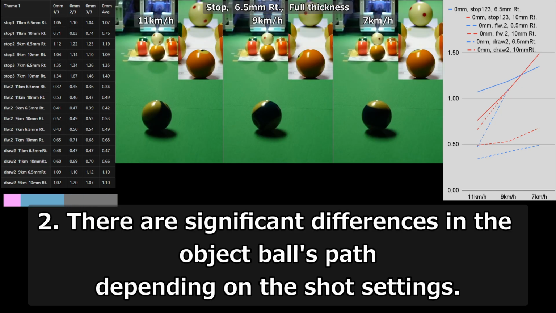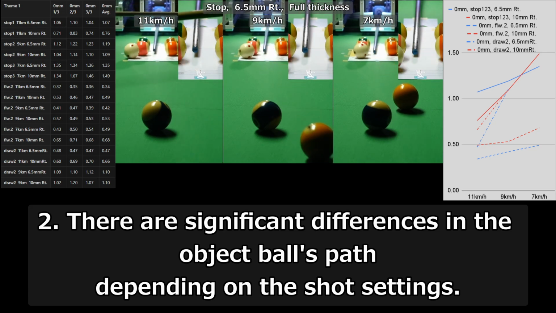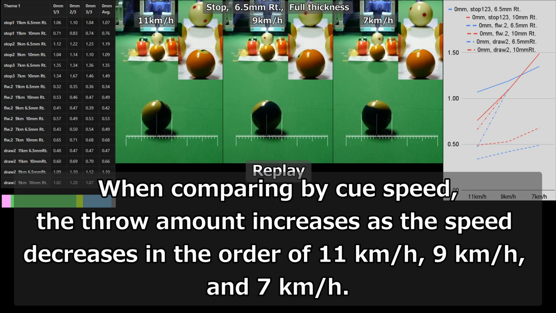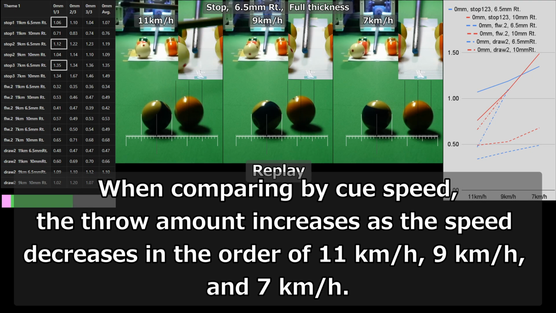2. There are significant differences in the object ball's path depending on the shot settings. When comparing by cue speed, the throw amount increases as the speed decreases in the order of 11 kph, 9 kph, and 7 kph.